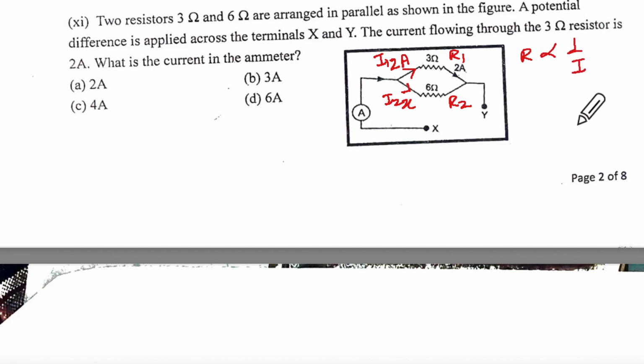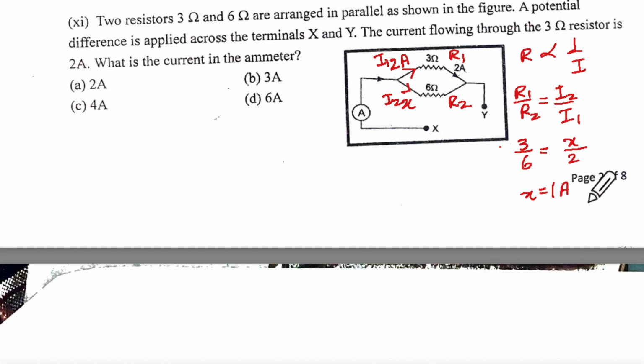So I will have R1 upon R2 will be equal to I2 upon I1. Agreeable to you? So 3 upon 6 is equal to I2, which is X, upon 2. 2 comes over here. What will you get? X equal to 1 ampere.